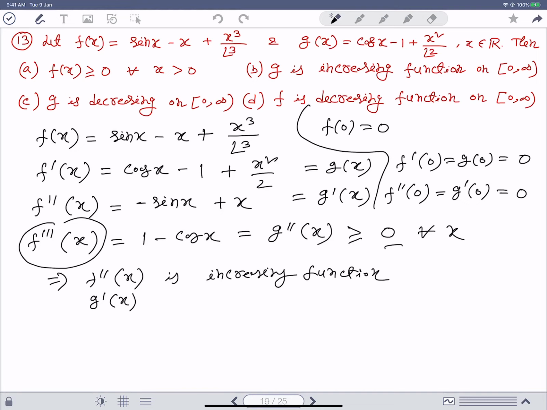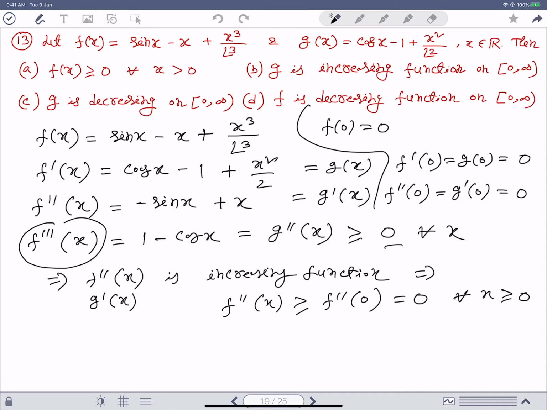Now, since they are monotonically increasing, that means f double dash x, which is g dash x, is bigger equal to f double dash 0, and that is 0, right. So, for all x bigger equal to 0, right.